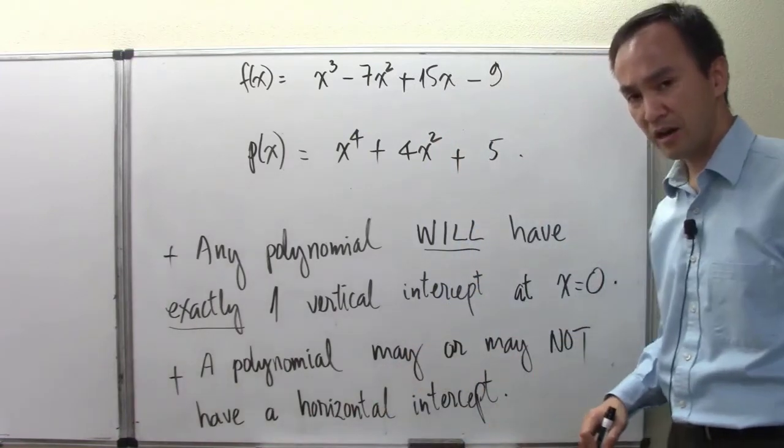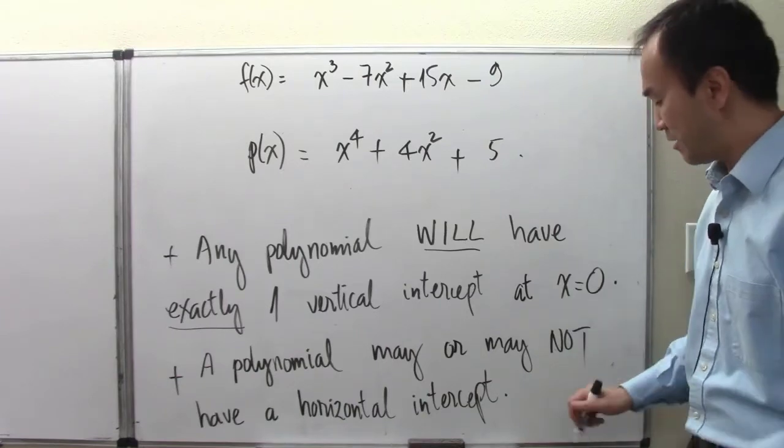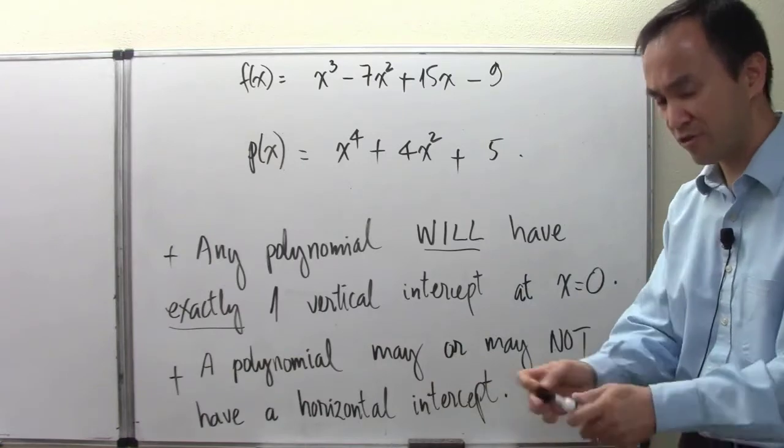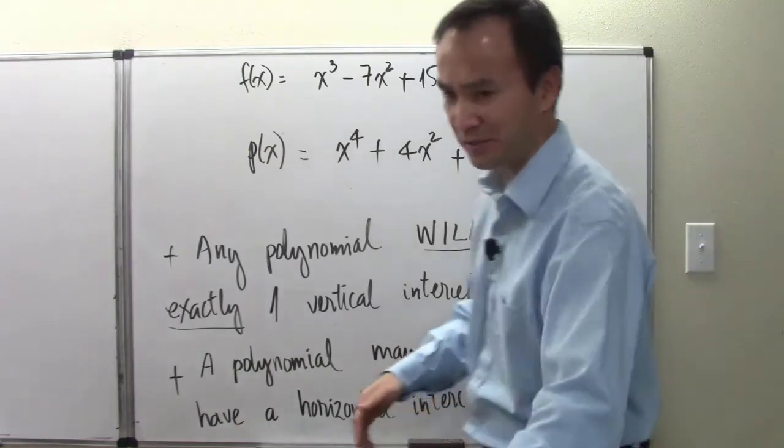May or may not have a horizontal intercept. Okay, may or may not. And now allow me to end that sentence there. May or may not. It seems a little dangerous, but we saw it right through the two cases.